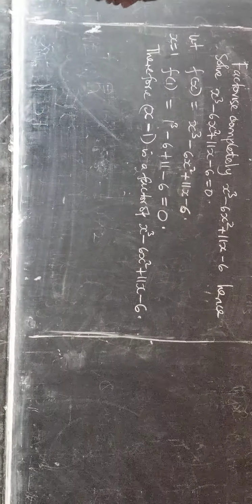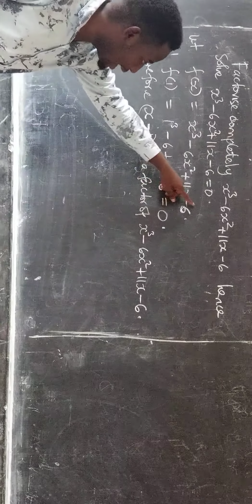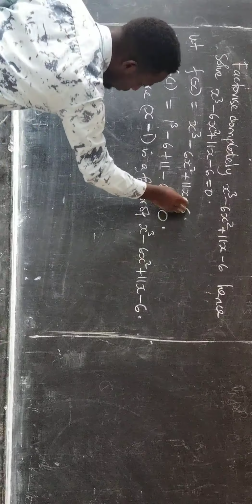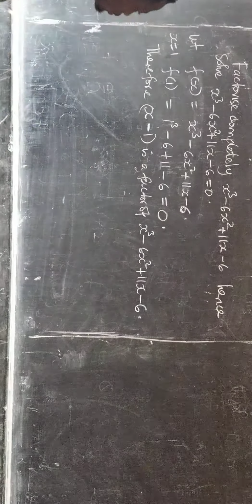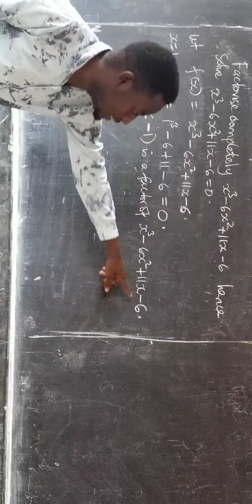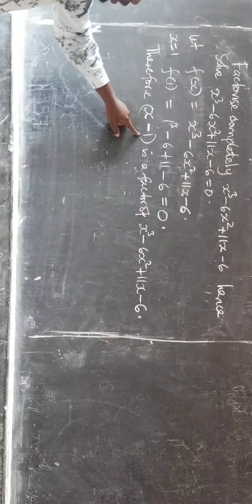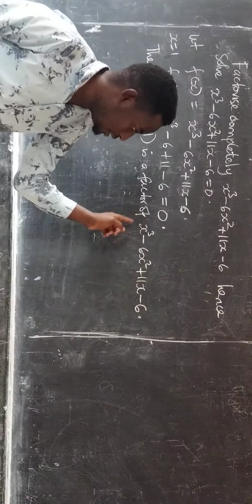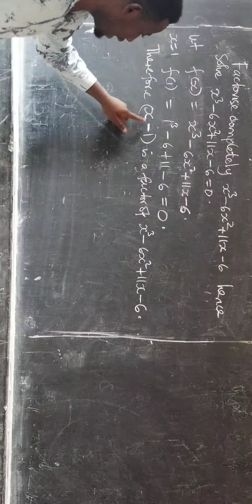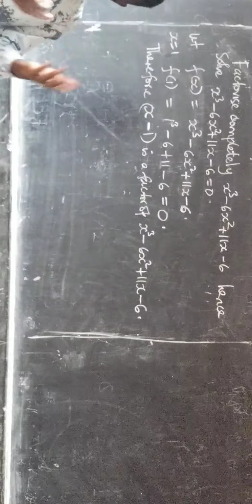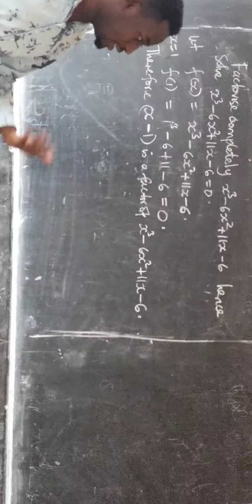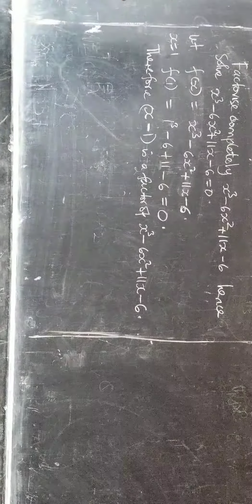Remember our advice, we have said it would be better if you begin by guessing any of the factors of our constant 6. So since now we have x minus 1 as a factor, it means x minus 1 can divide this expression. And if we can divide this expression by x minus 1, we are going to get a quotient. And that quotient will help us to further get more other factors.